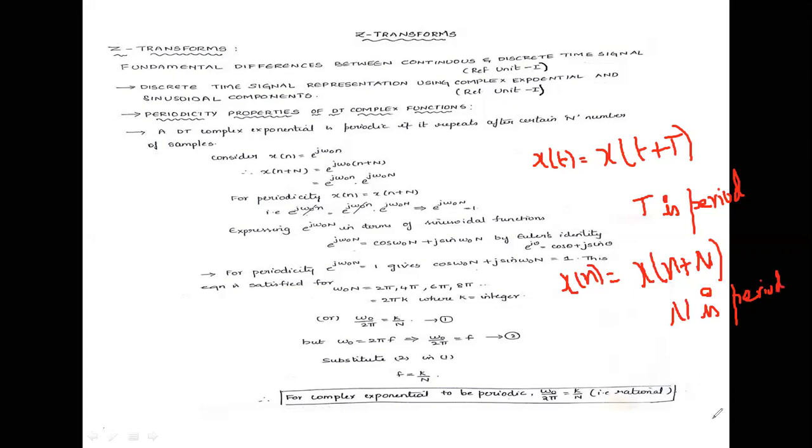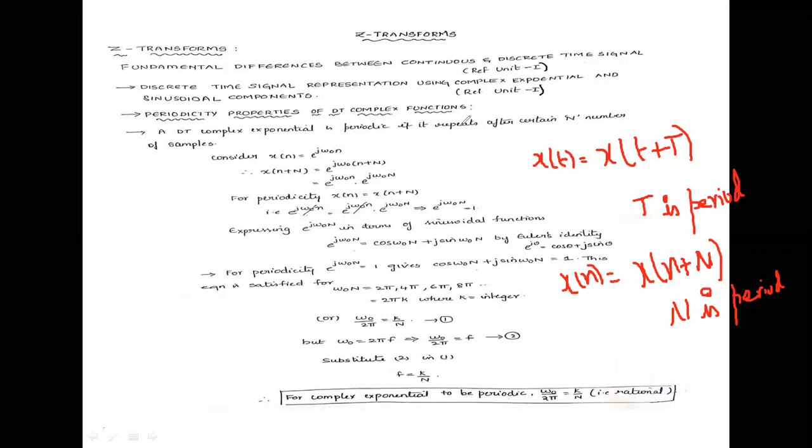The only difference is that t is represented as continuous, while n is discrete, and the summation is used for discrete time signals.